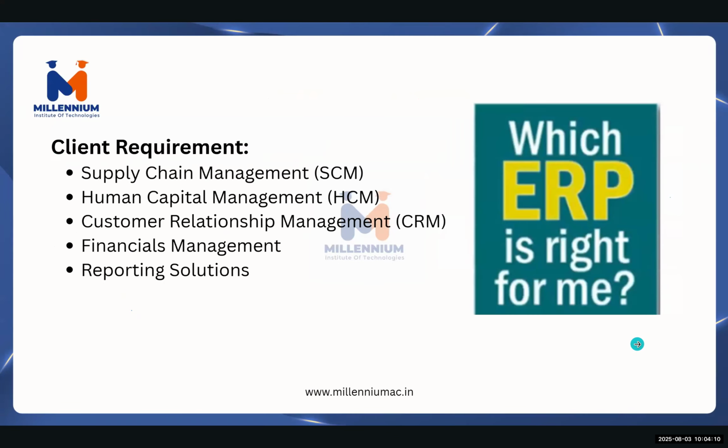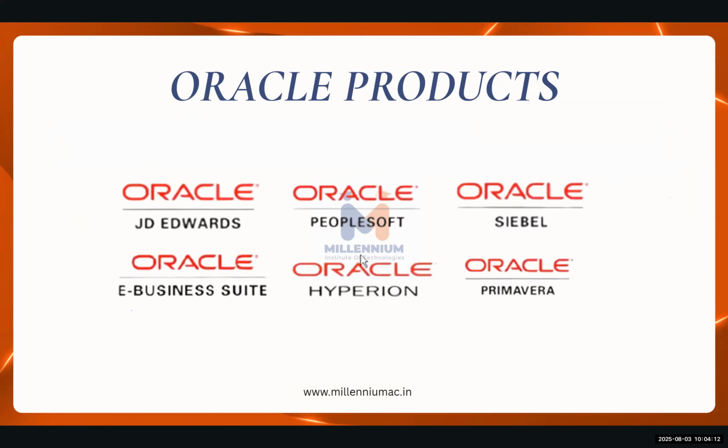And what Oracle did was slowly start acquiring each of them. It acquired JD Edwards, PeopleSoft, Siebel, Hyperion, and Primavera. It acquired all these ERPs in the market, each well known for its own product. Once it had acquired them, it slowly started integrating them.